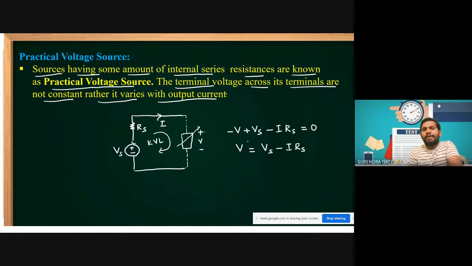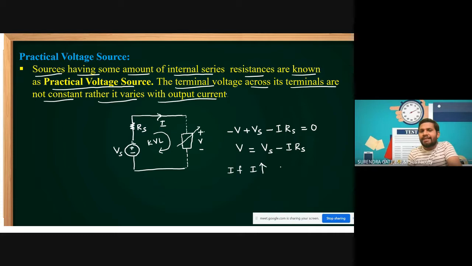That means the load voltage depends on the current. For example, if the current to the load increases, what happens to the voltage across the load?